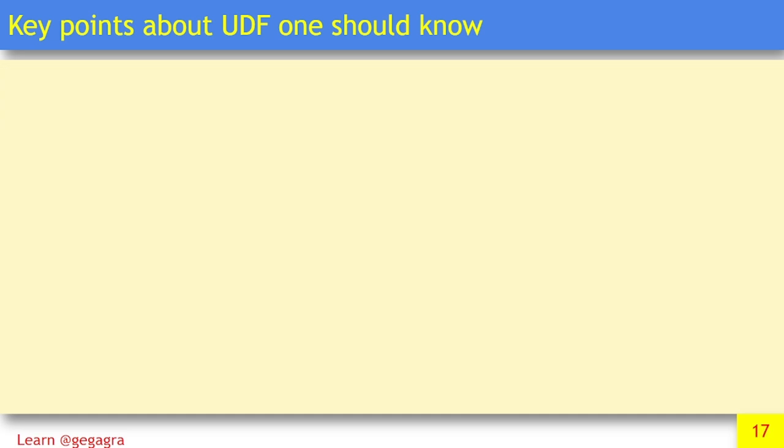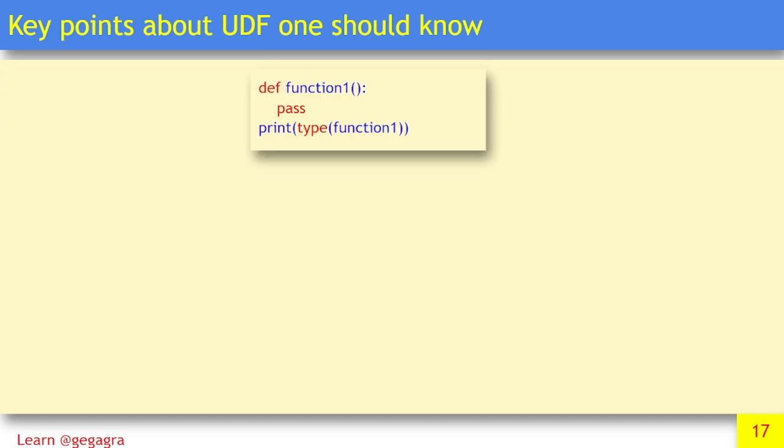But what happens when the situation is like this? Suppose I created a function, def function1, and in the body of the function I just mention pass, which is a keyword also. In the main code, if I want to know the type of function1, what should be the type of this function1?